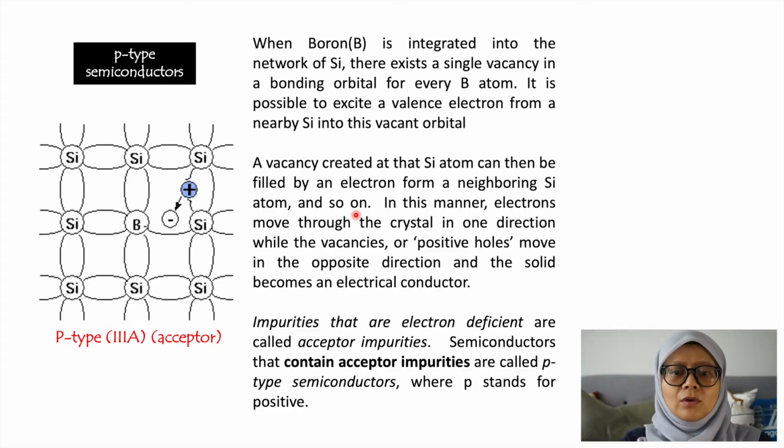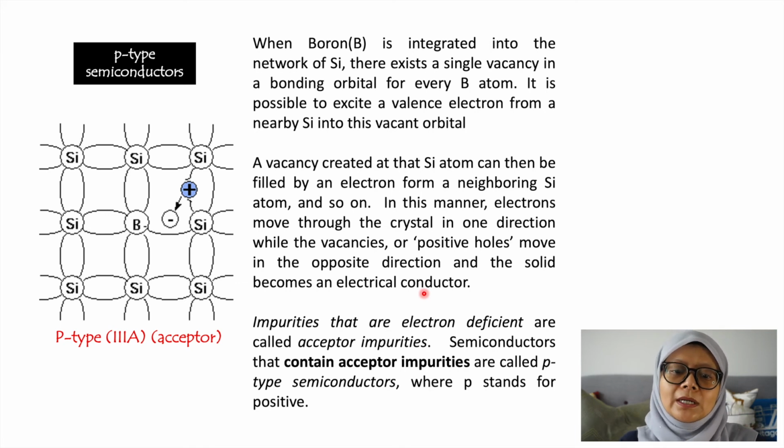So the major carrier for the P-type semiconductors is the hole or the vacancy here, and the minor carrier for these P-type semiconductors will be the electron. In this manner, electrons move through the crystal in one direction, while the vacancies or positive holes move in the opposite direction, and the solid becomes an electrical conductor.